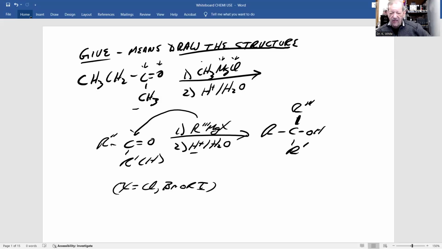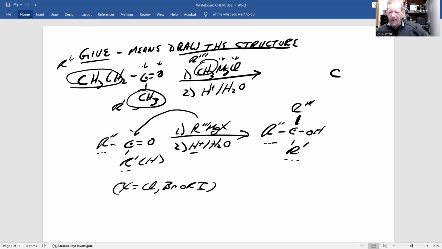And what's attached to it? The carbonyl carbon is now attached to carbon with the OH group. So here's our prime. Here's our double prime. Here's our triple prime. Here's my carbonyl carbon. I'll draw that first. What's attached to that? Our prime.